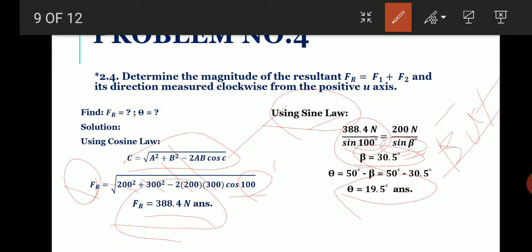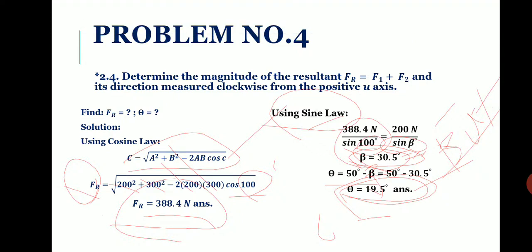The direction of the resultant force is here. Theta is equal to 50 minus the beta. So we get the 19.5 degree.